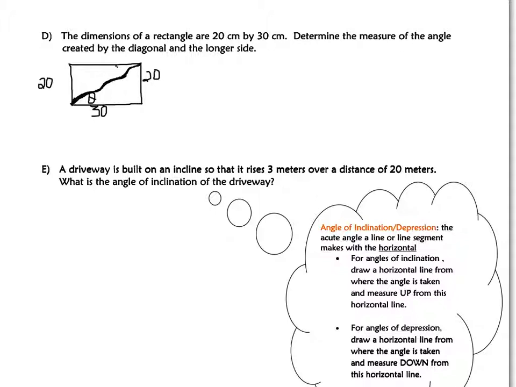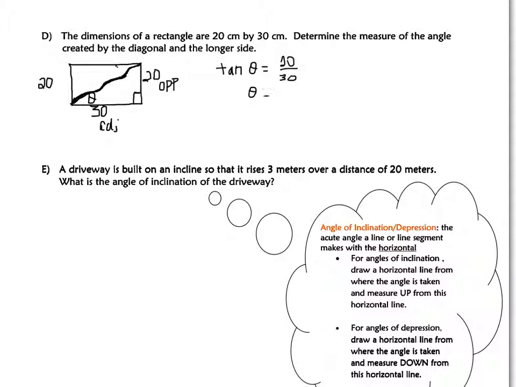And then if we concentrate on this right triangle, because the angles of a rectangle are right angles, so we know we have a right triangle here, and we do have the opposite and the adjacent of our angle marked theta in that right triangle. So we can use the tan of angle theta is opposite, which is 20, over adjacent, which is 30.